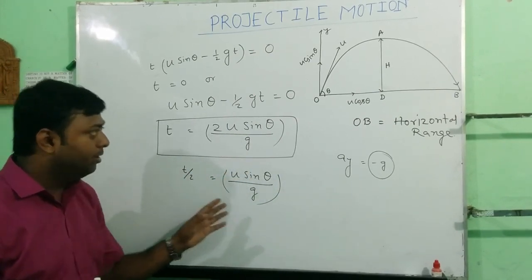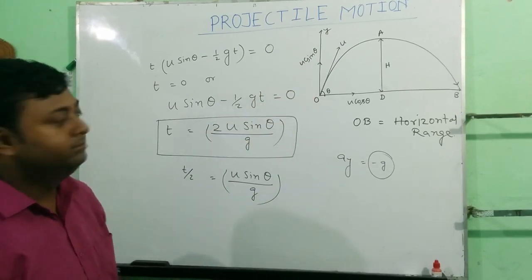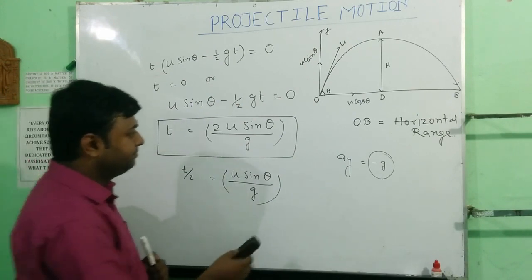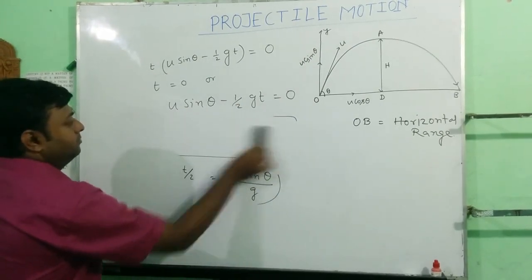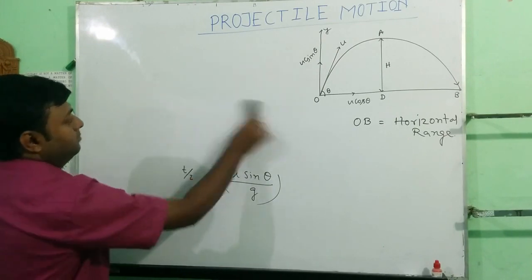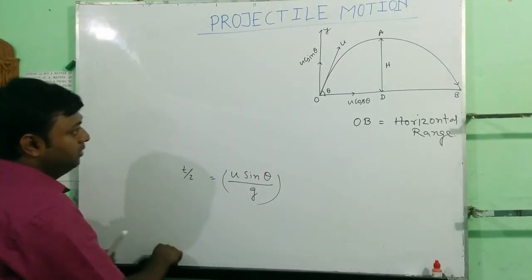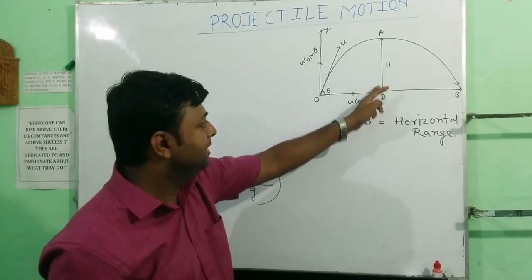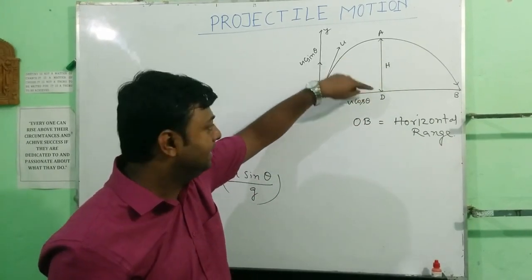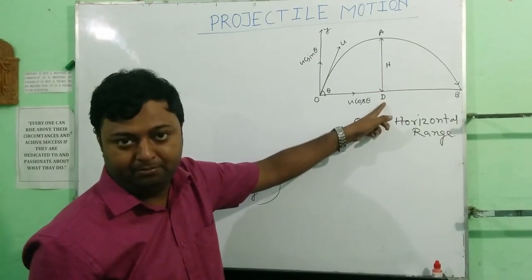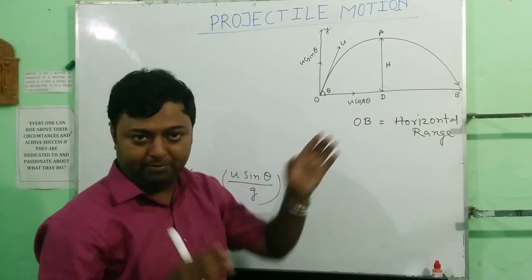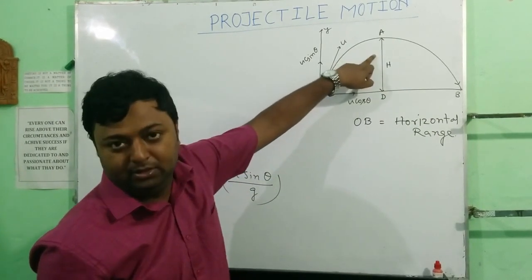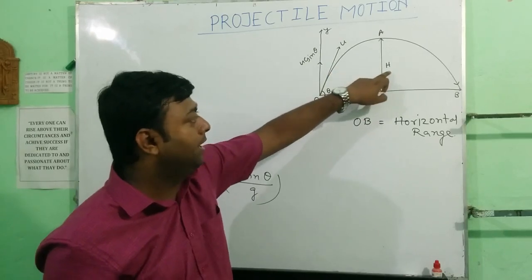Now we discuss about the height, the highest point of the particle in projectile motion. That means when we find out the height, that means displacement along y direction at a time t equals to half time period. In half time period, what will be the value of y? Displacement y is the height h.